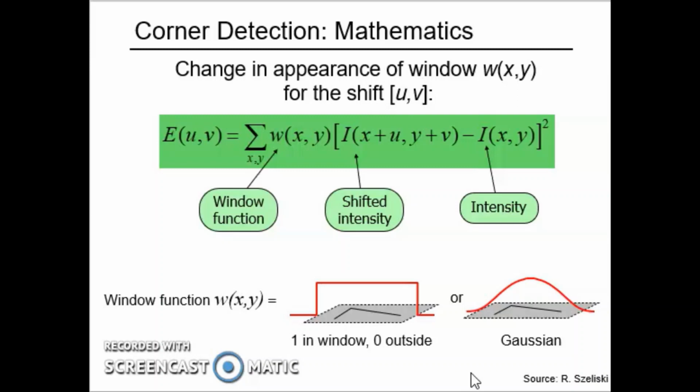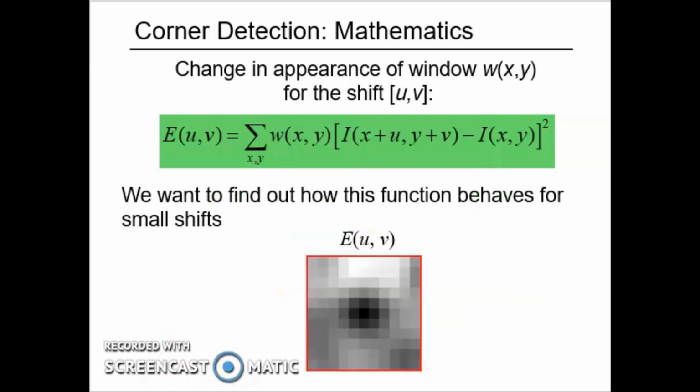So it is a reasonable assumption to consider this window as a Gaussian function, which means that it would not be just a window in which we are placing all ones, but it actually is a Gaussian window where the significance of a pixel is reducing as we go from the center location. And basically now our objective is to find how this function E of uv behaves when small shifts are applied in the images.